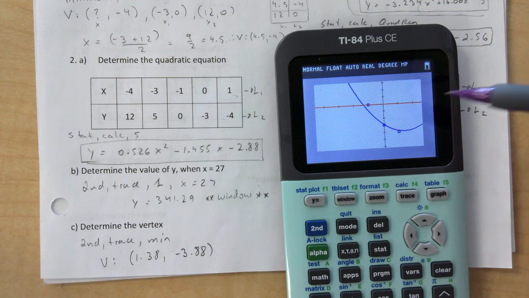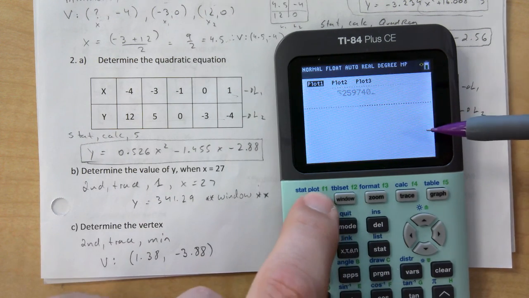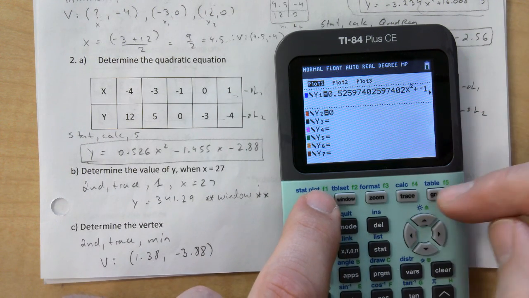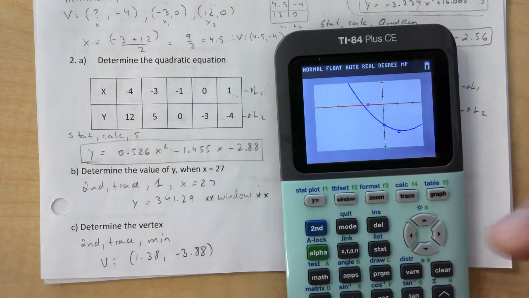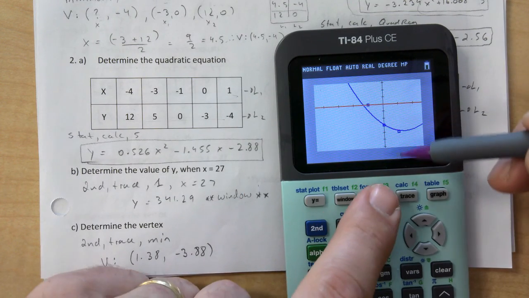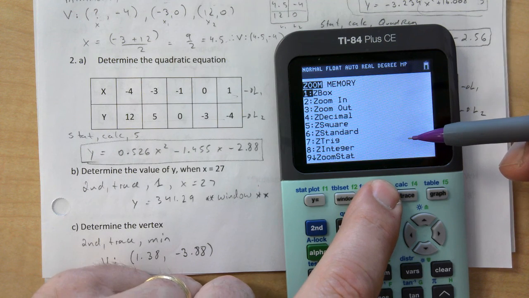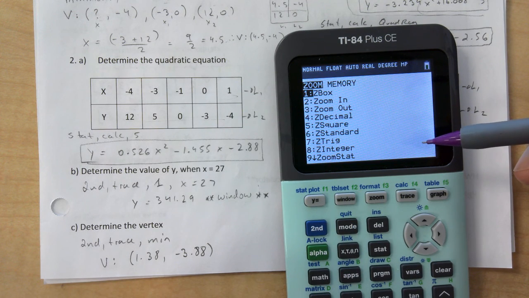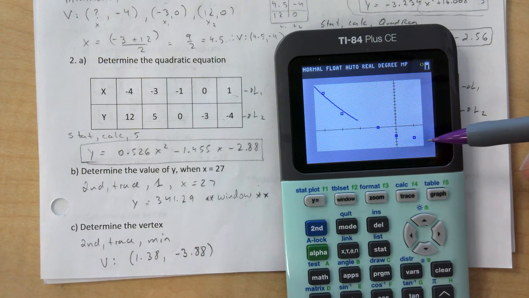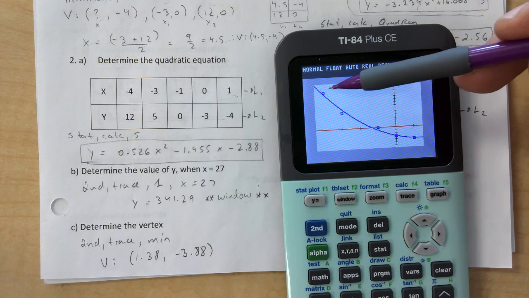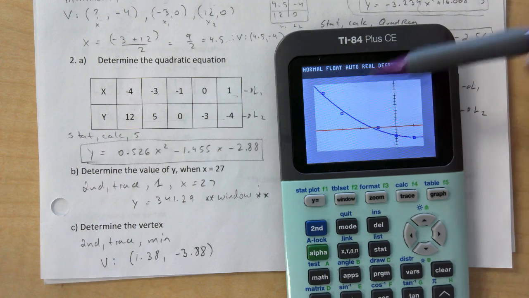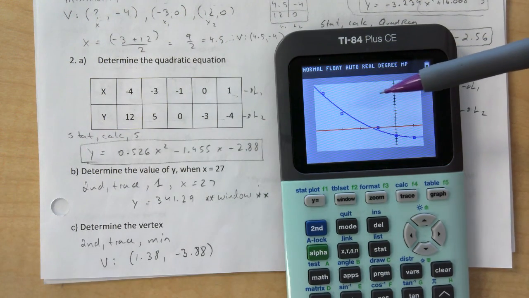So you can tell that I have plot 1 turned on, right? So if you were to go zoom 9 here, it shows you some of the points, like it will only zoom in. Listen carefully.